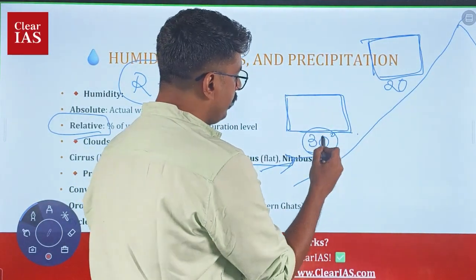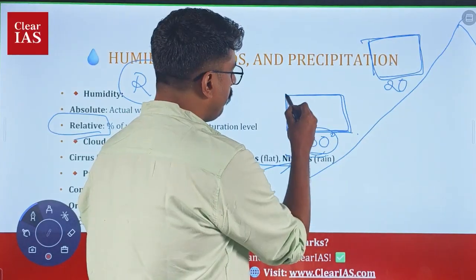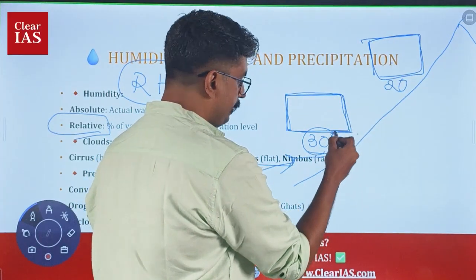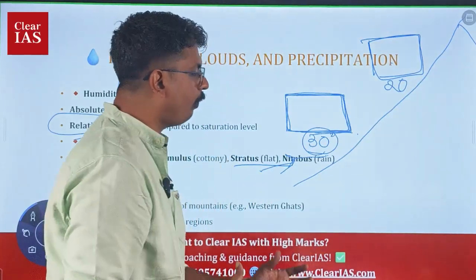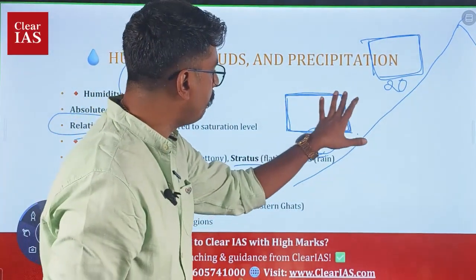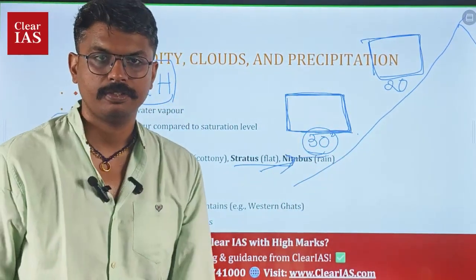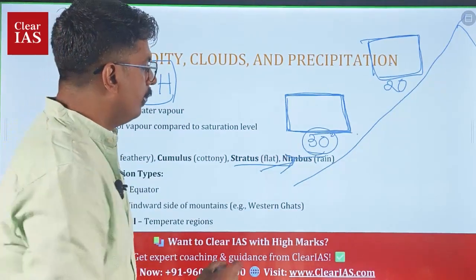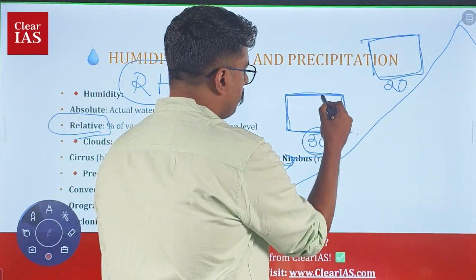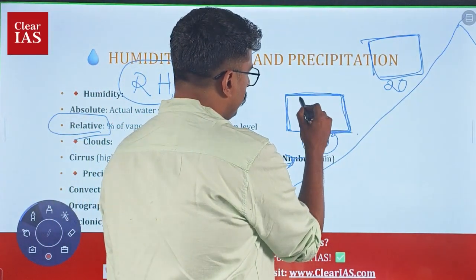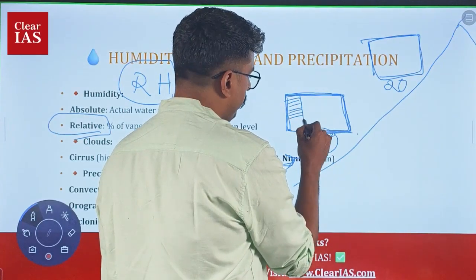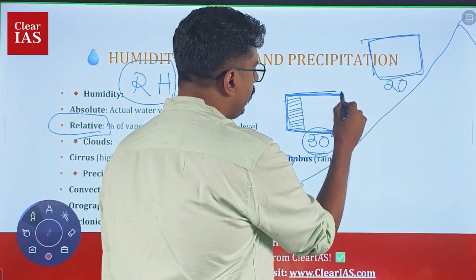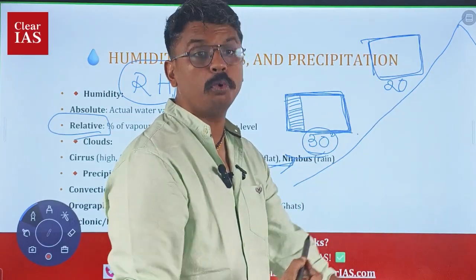At 30 degrees Celsius, this air parcel can carry this much water vapor, which is the maximum. Now, imagine there is only 1/4 water vapor. So 1/4 of it is filled with water vapor, but it can carry 3/4 more.